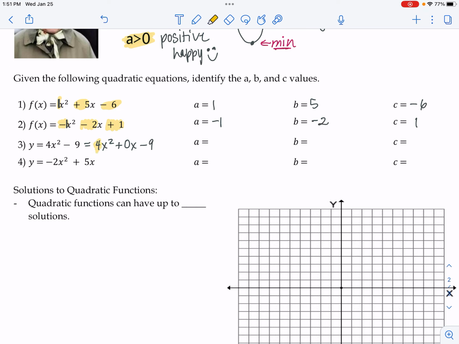Okay, and so now I can see my A value, my B value, and my C value. 4, 0, -9. And then number 4 also only has 2 terms, but this time we have our x squared term, then our x term, and we're missing our constant term. And so our +0 is at the end as our C value. So -2, 5, 0.